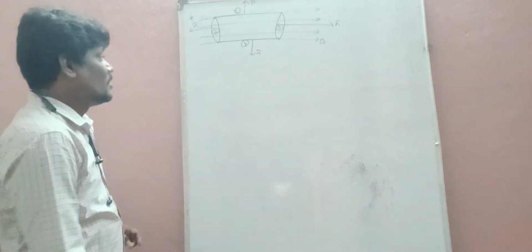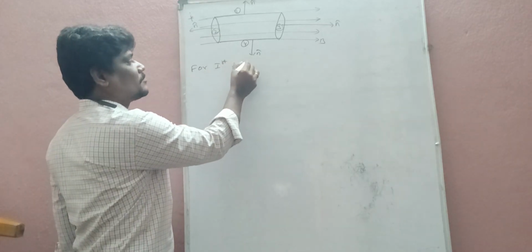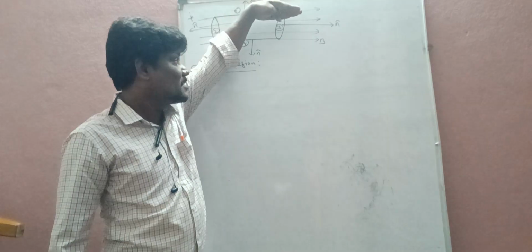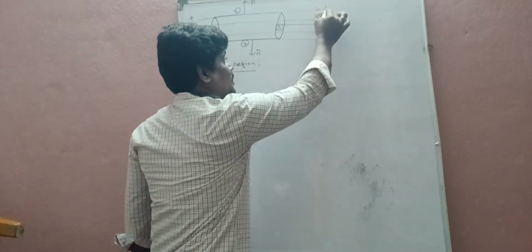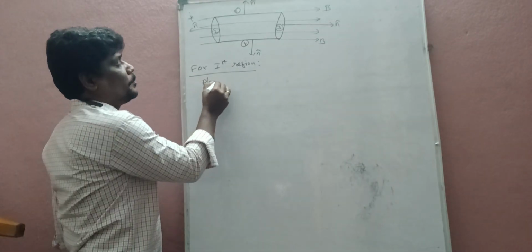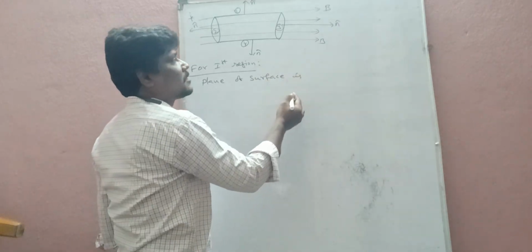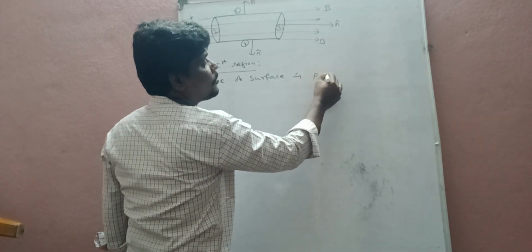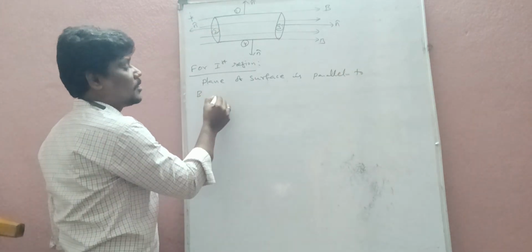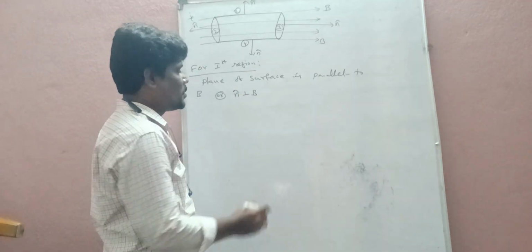For the first region, here the plane of the surface is parallel to the magnetic field B. Plane of surface is parallel to B, or n cap is perpendicular to B bar.